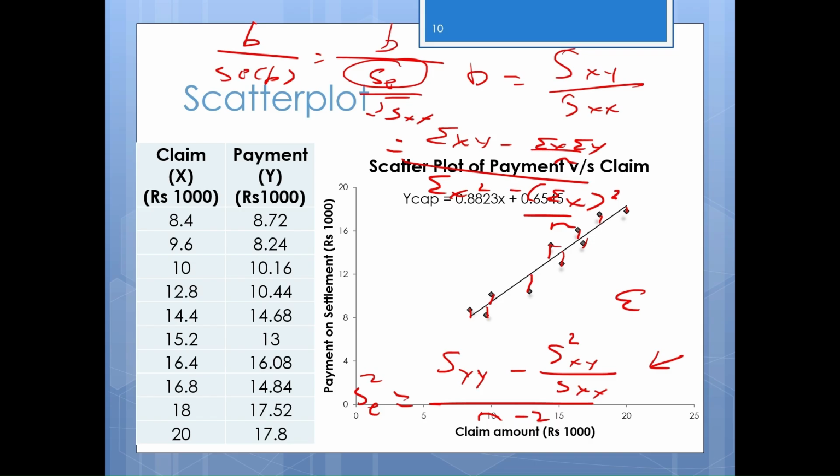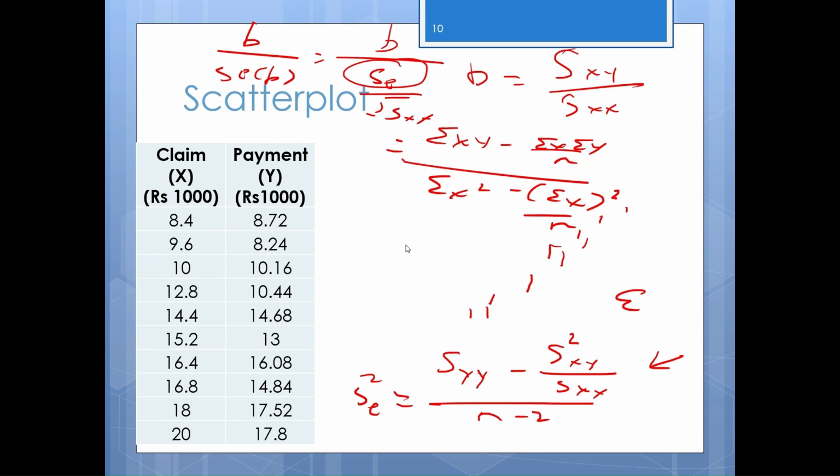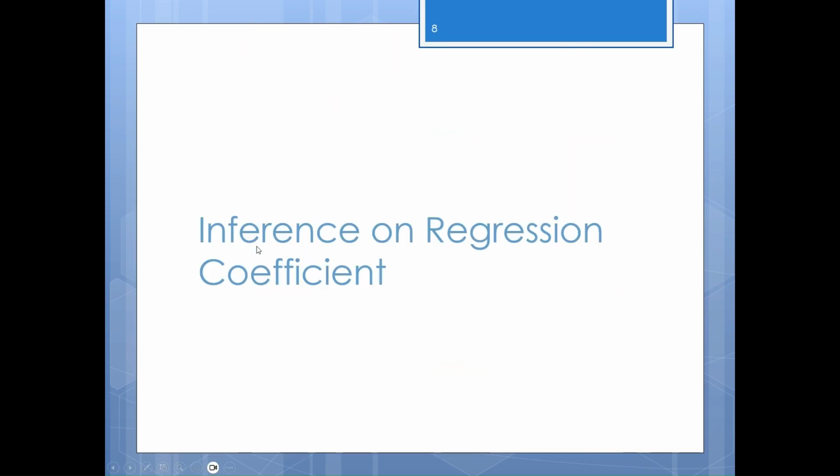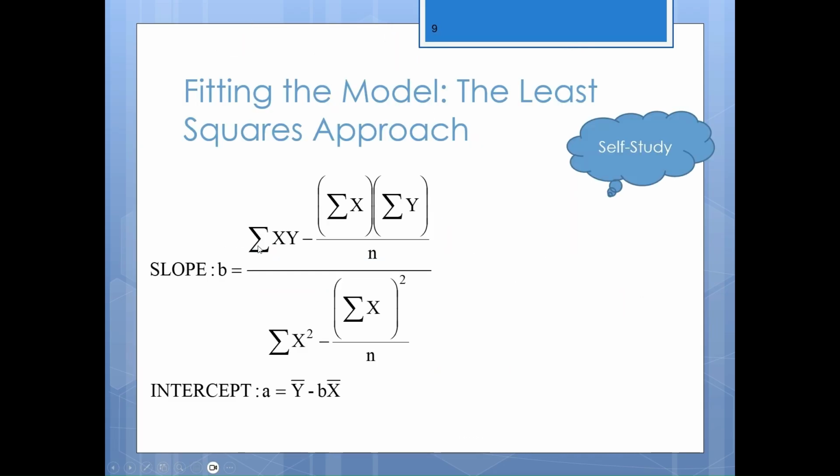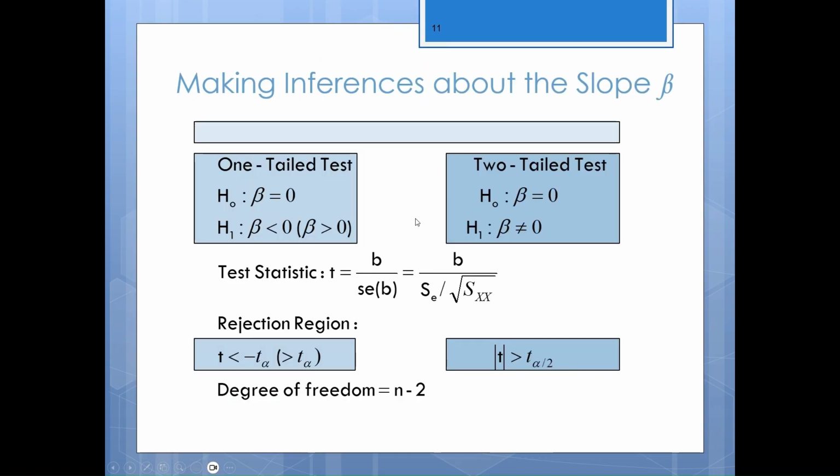And you will see again the test statistic here is B divided by the standard error divided by the root of the sum of squares of x. Sorry, I'm just not showing you the screen, but let me find that for you. As you will see here, it's the same thing that I just explained to you earlier.